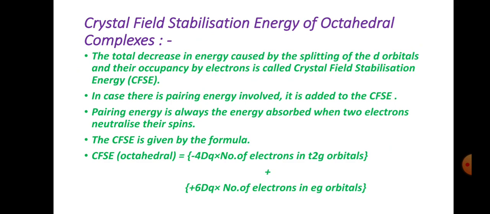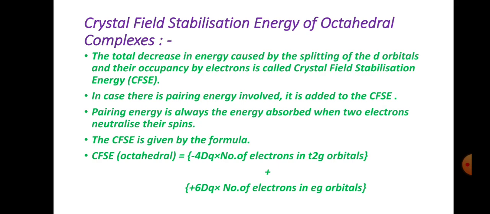Then the most important point is the crystal field stabilization energy of octahedral complexes, shortly called CFSE. The total decrease in energy caused by the splitting of d orbitals and their occupancy by electrons is called crystal field stabilization energy, that is CFSE.